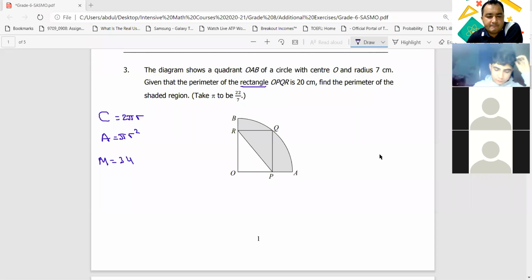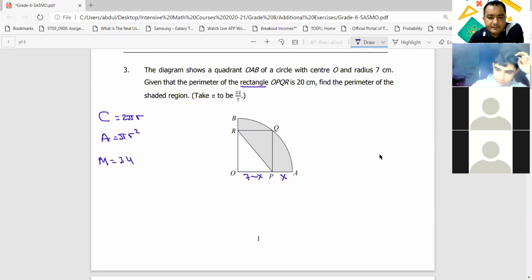At first, I made an equation: OA equals 7, PA equals X, OP equals 7 minus X. You are saying this one is X, so this one is 7 minus X. Yes.